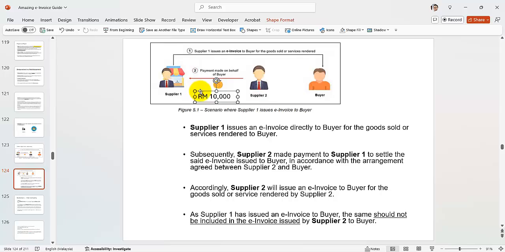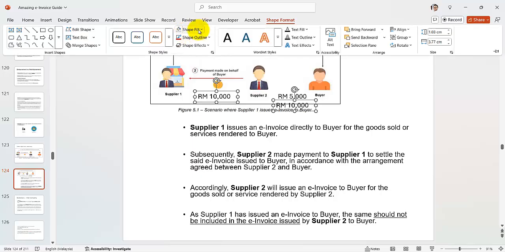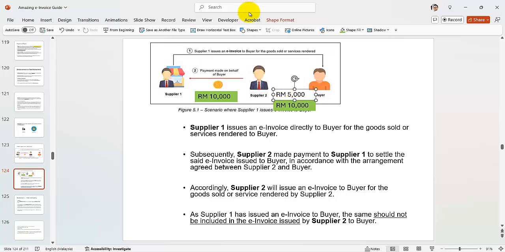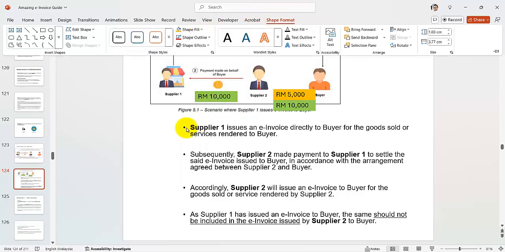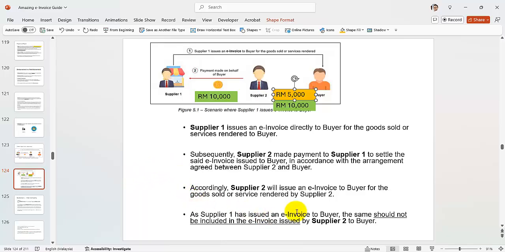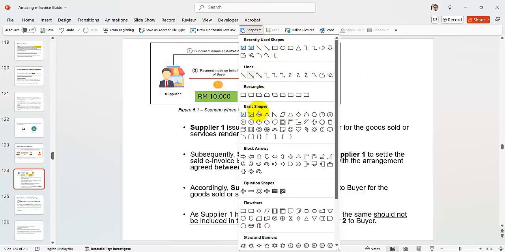And the service fee to the buyer is actually 5,000, and then you also have the 10,000 there. So the 10,000 is from here to here. See here, 5,000 is really the service fee. We'll just give a number here. So essentially the 10,000 should not be included in the e-invoice shown here.